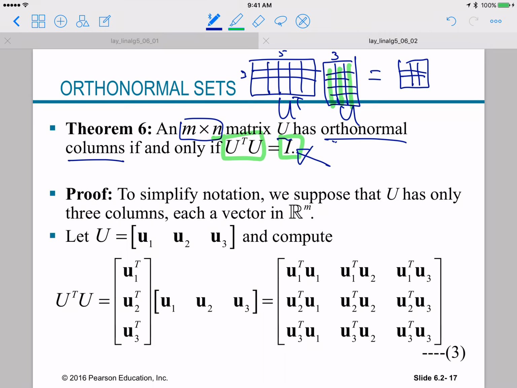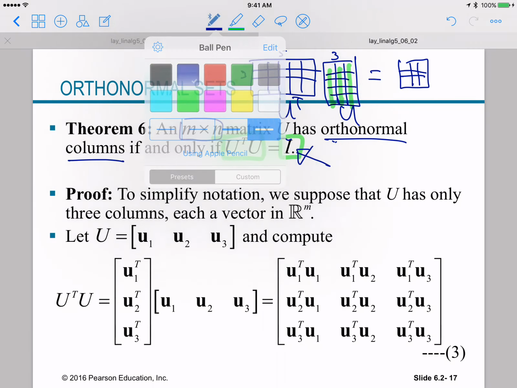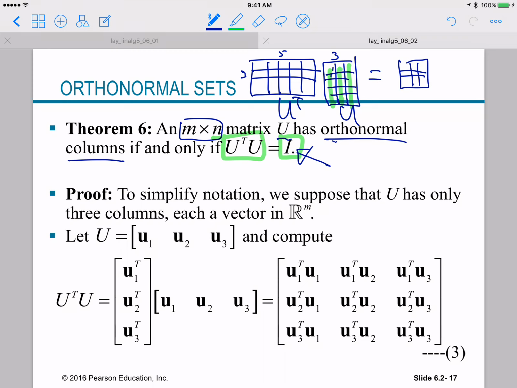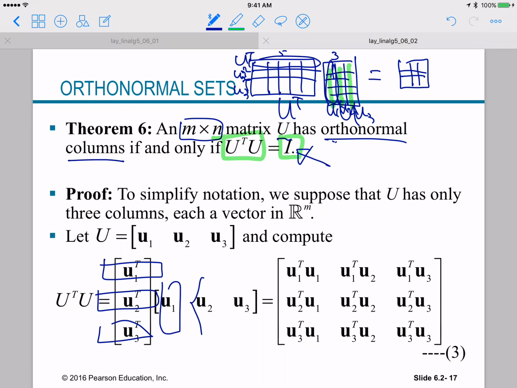Okay. Now let's just quickly prove that. So this is U1, U2, and U3, and this is U1 transpose, U2 transpose, and U3 transpose. And so this is something like this. And then how can we obtain this?